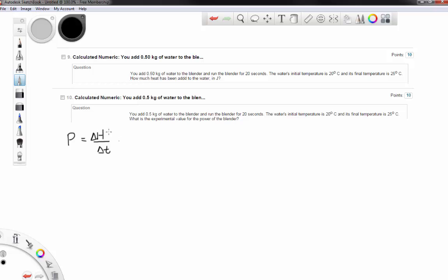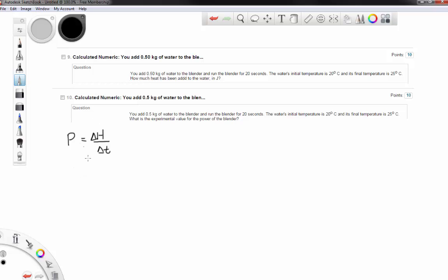So in order to get the answer to power, you need to get the answer to heat. On this quiz, I really wanted to know what the experimental value of the power is, but I went ahead and broke that up into 2 steps for you so that you would not have to do all of the equations at once, because suddenly you're having to juggle 2 equations, and that's really difficult for some of you guys.